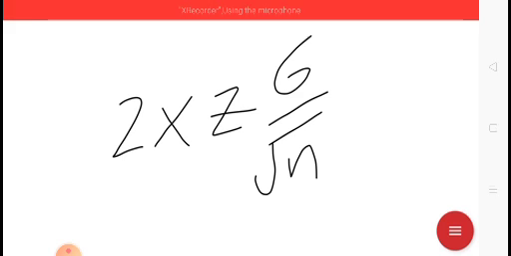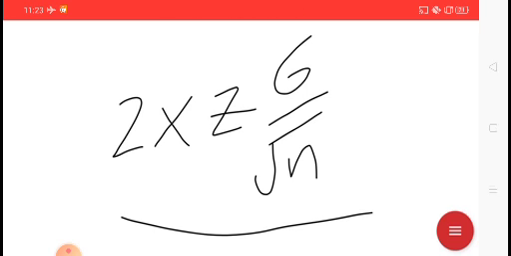Another way is to use the upper limit minus the lower limit, and you will also get the width, but make sure that you use the exact value. If you can't use the exact value, please use this formula to find the answer. So this is the explanation of the confidence interval.